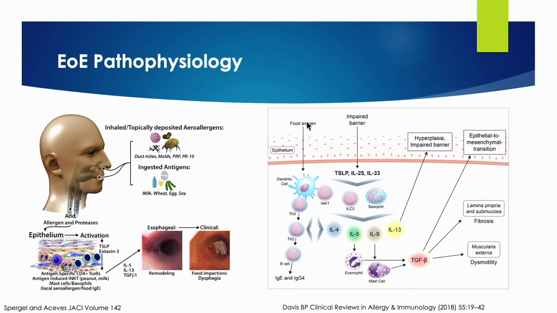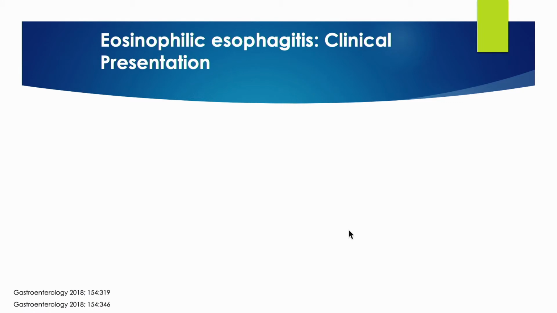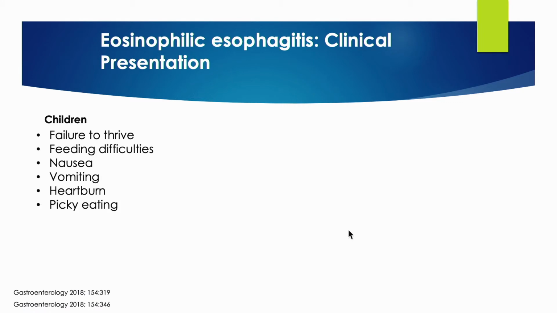And what you have is a food antigen eliciting a Th2-mediated T-cell response that then leads to production of cytokines that are important for eosinophil mast cell development and maturation, secretion of substances like TGF-beta that leads to fibrosis and dysmotility, as well as factors that will further impair the barrier. And one of the things I will touch upon is that a lot of these cytokines are therapeutic targets for novel therapies for EOE.